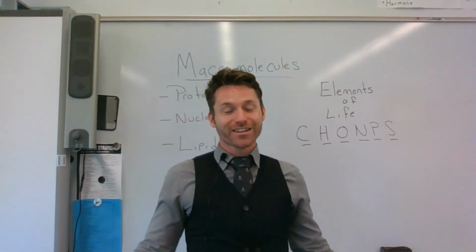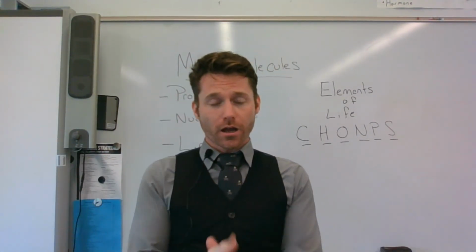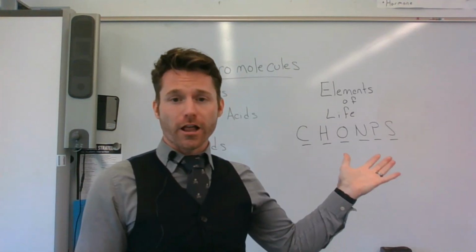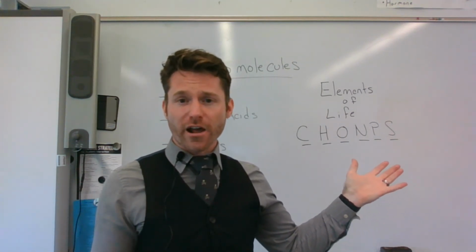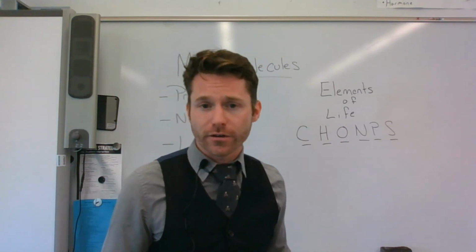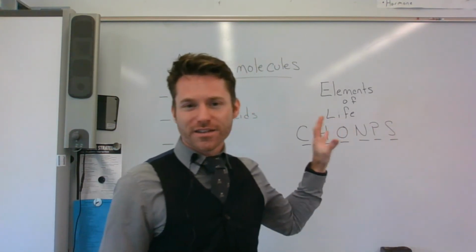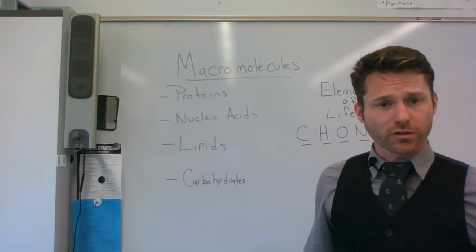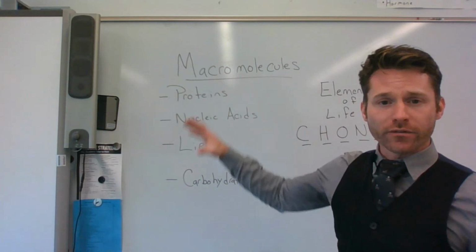So that's it. Today, I gave you a brief introduction to the elements of life, the elements of which all living things are made out of: carbon, hydrogen, oxygen, nitrogen, phosphorus, and sulfur. We looked at their sizes and some of the roles that they play in the macromolecules that make up living things. Okay?